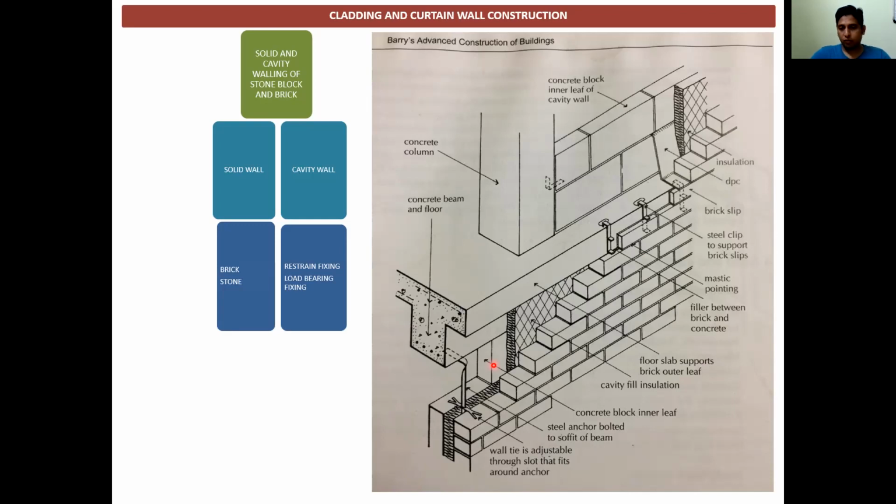But if this kind of technology is used, that means some kind of cladded material made up of terracotta bricks, some sandstones, in fact artificial stones, which are also nowadays very popular for their heat resisting properties. So how is this external cladding material clamped?